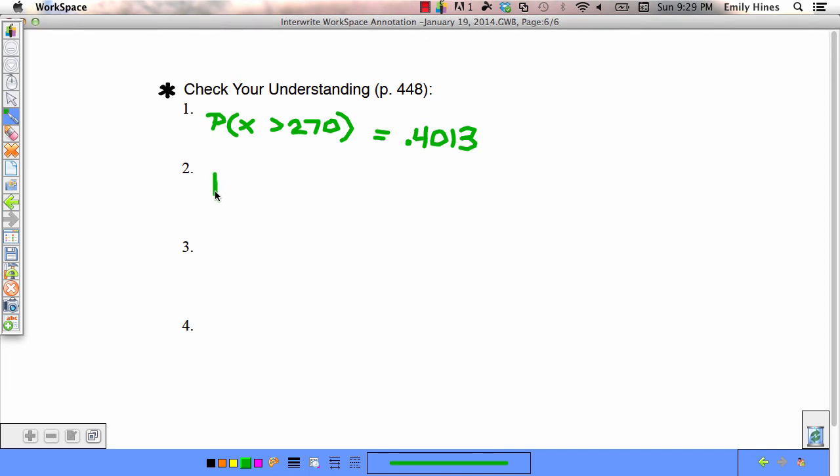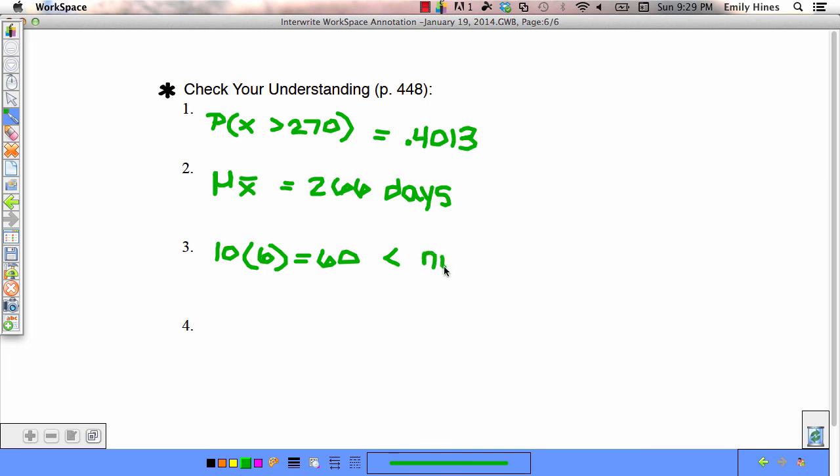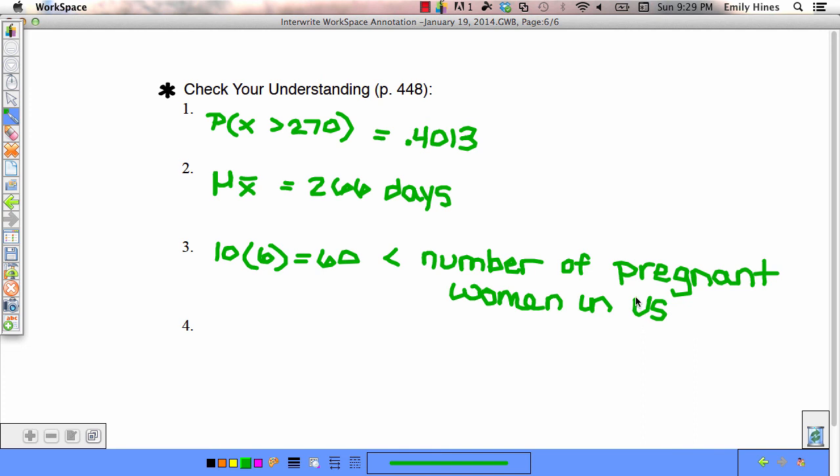The mean of my sampling distribution of sample means is going to be 266 days. Okay, check your 10% condition here on number 3. Their sample size is 6, so I say 10 times 6 is 60, which is less than the number of pregnant women in the world, or even in the United States. And so therefore I can do my standard deviation.